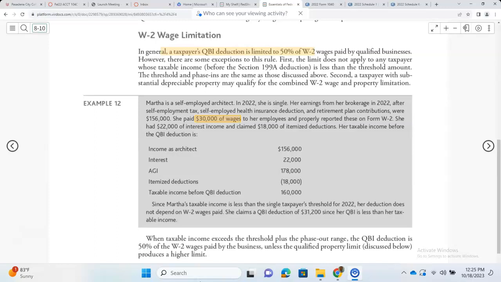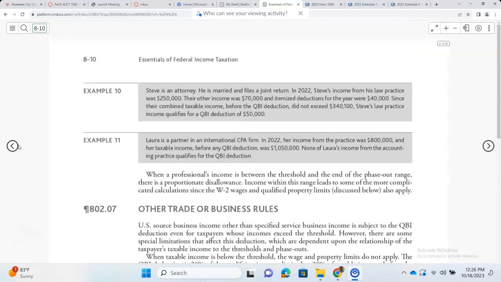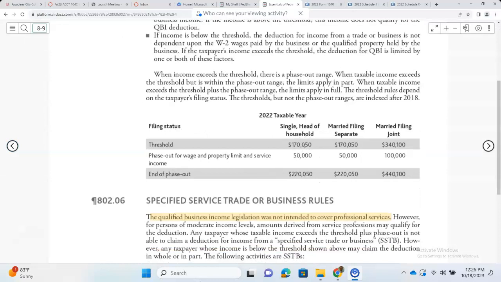She's single, so the standard deduction is 12,000 something. So it's better to use the itemized deduction. So here is the itemized deduction, 18,000. So taxable income before QBI deduction is 160,000. Keep that in mind. Since Martha's taxable income is less than the single taxpayer's threshold of 2022, which is $170,000, remember the threshold?